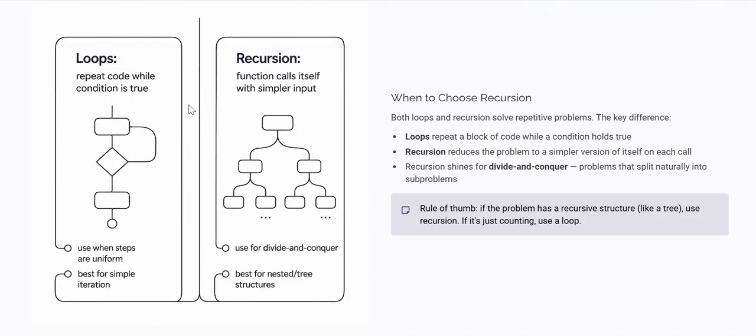If the condition is true, it keeps repeating. When the point comes where the condition is false, it stops over there. This is how loops work. You use them when steps are uniform, and they are best for simple iteration.